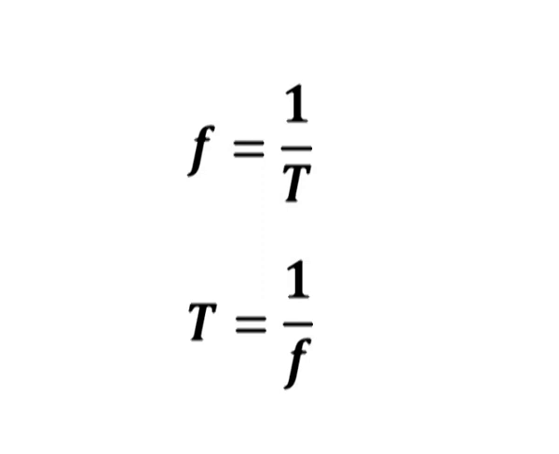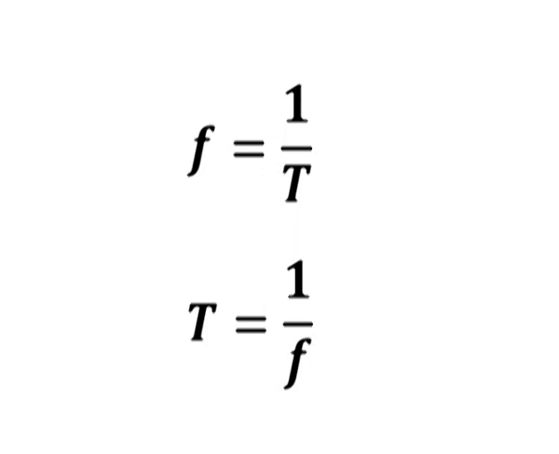Relationship of frequency and period. The formulas for the relationship between frequency f and the period T are as follows. Frequency is equal to 1 upon T, and time period is equal to 1 upon f.